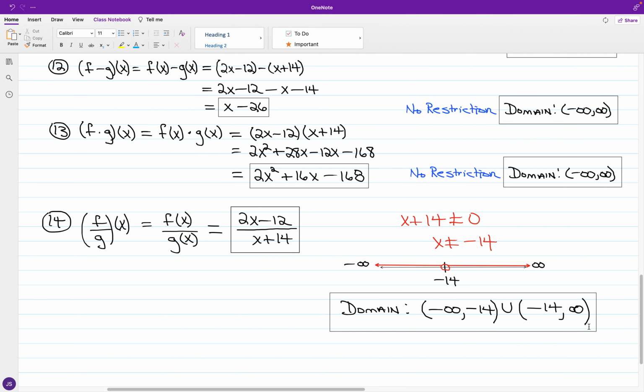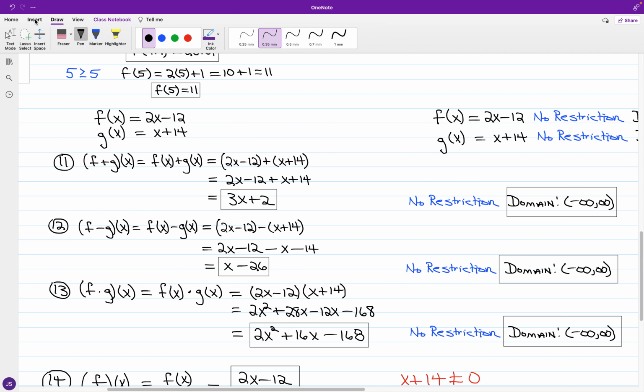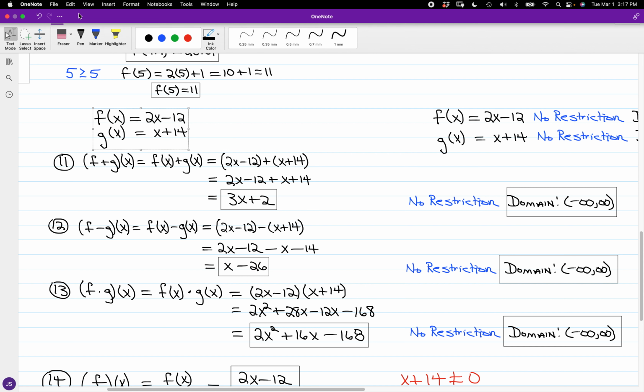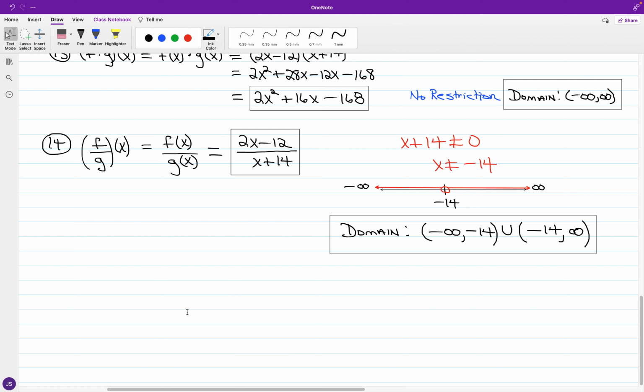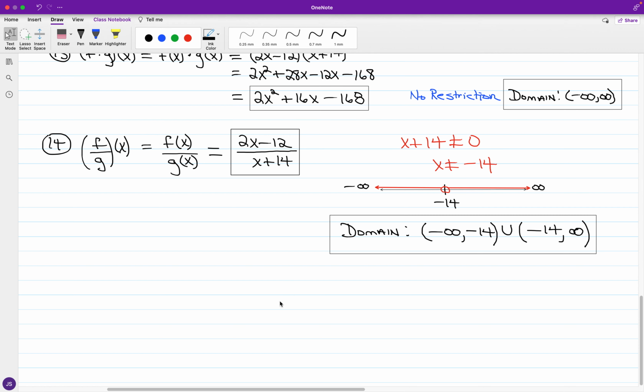Okay, now for what we have in 15 and 16, again, we're still working with the same individual functions, but now with compositions. We had the domain requirements playing by a different set of rules, not opposing rules, but just a different set, not totally in line with the previous 4 operations.